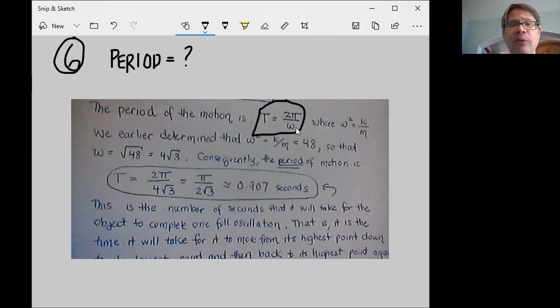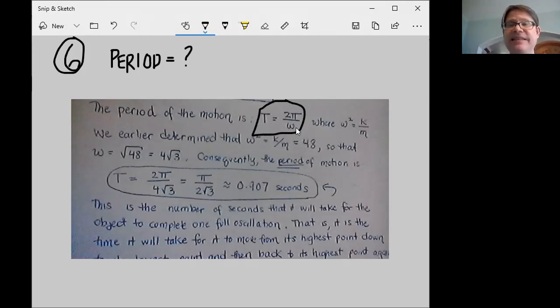So when we take that ratio, pi divided by 2 root 3, we're going to get a number that's a little bit below 1, approximately 0.907. And that is the period, the number of seconds that it will take for this object to move from its highest point, which was 1.5 feet above equilibrium, and go down and return back to that initial point.